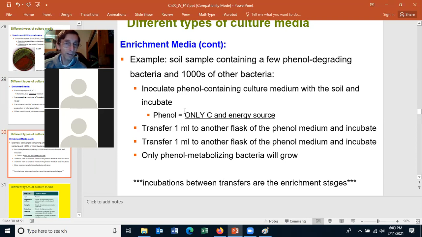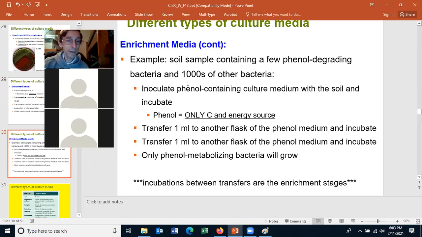So this would be enriching for the phenol-degrading bacteria that came from the soil. And if we can enrich enough, we could then take a sample out of that enrichment media and streak it out on a plate, and we would have a good chance of finding a phenol-degrading bacteria.